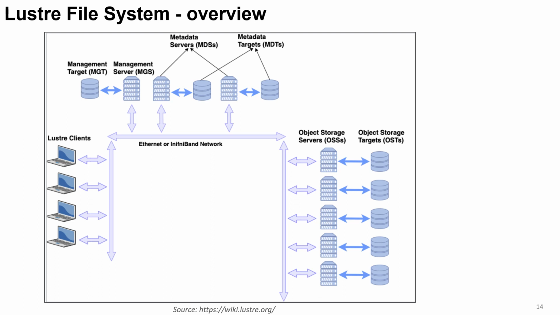It helps in looking up file names and providing information on directories, file layouts, and file access permissions. There can be one or more MDSs available in a file system. The metadata targets or MDTs are the storage devices used by a metadata server to store metadata. An MDS can be connected to one or more metadata targets.